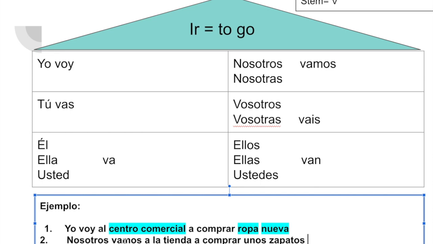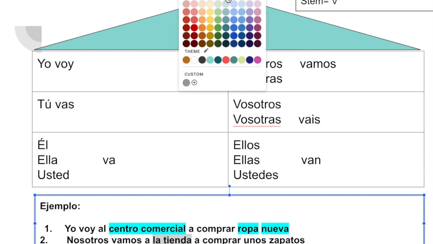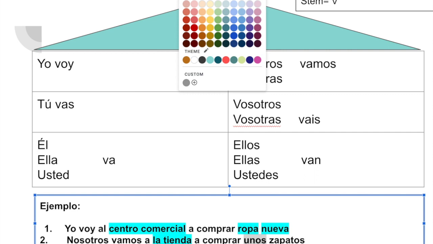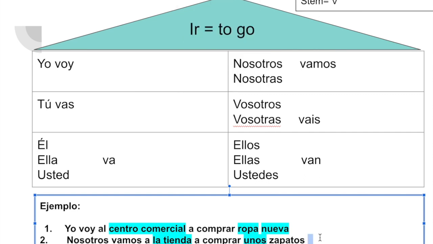Nosotros vamos, we go to the store. So the new word is la tienda. A comprar, to buy unos, some shoes. Okay, zapatos. And this means some. Okay, muy bien.